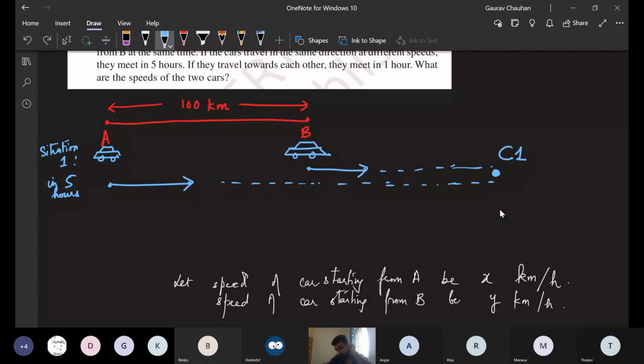MG, go ahead. Sir, it will be 5 into x. I'm talking about car at B. Its speed is y. 5 into y, sir. 5 into y. Perfect. How are you getting this?